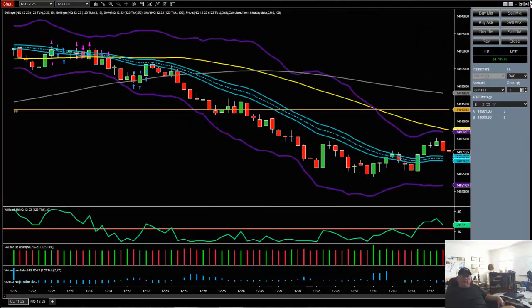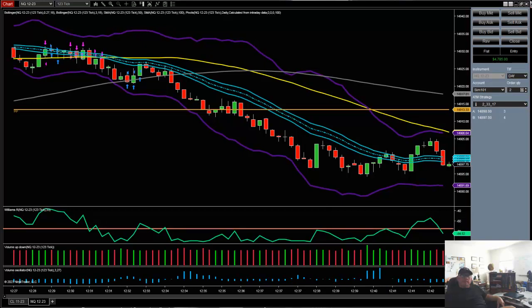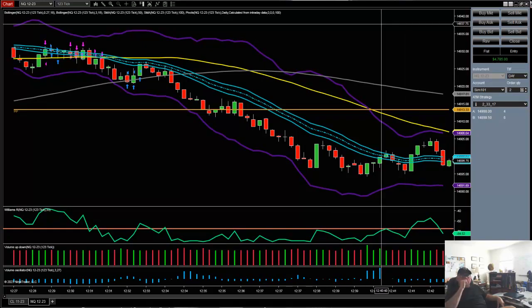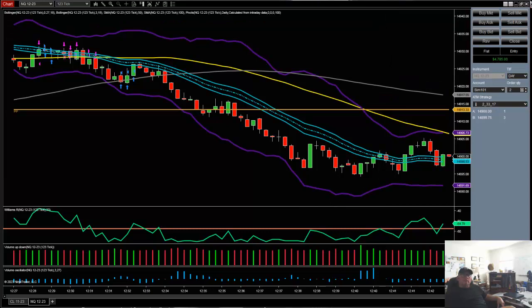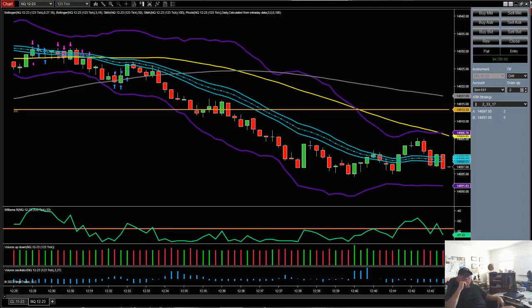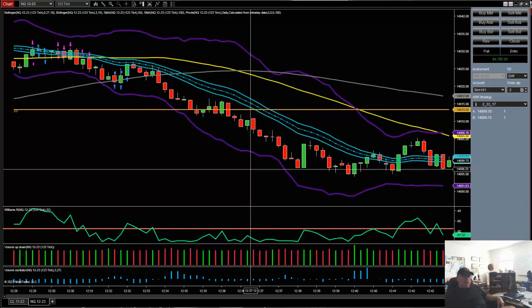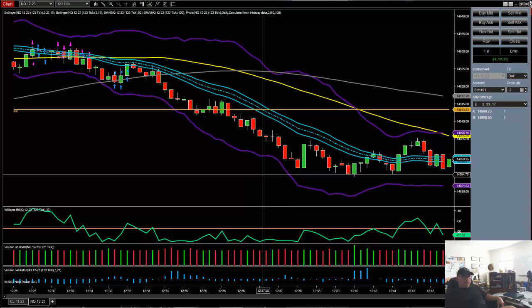It's closing in on 1. What are we seeing right now? Trying to form a bottom here.